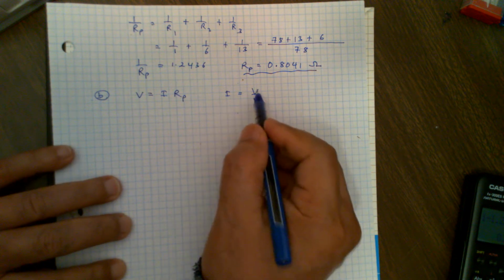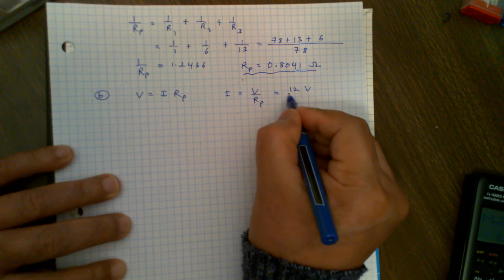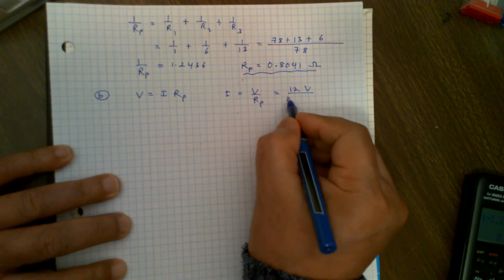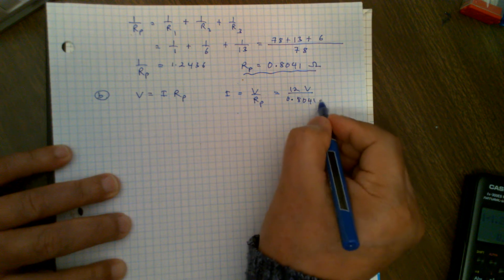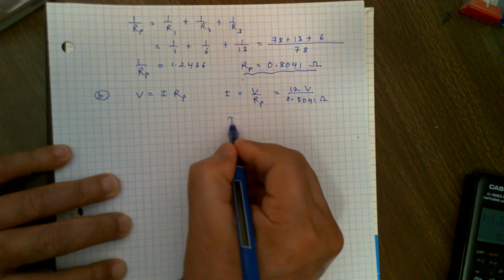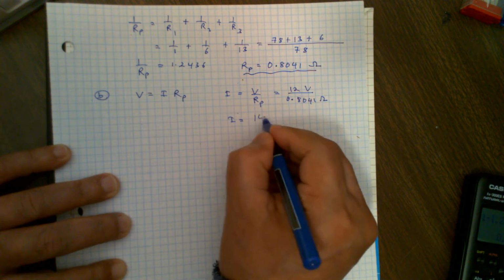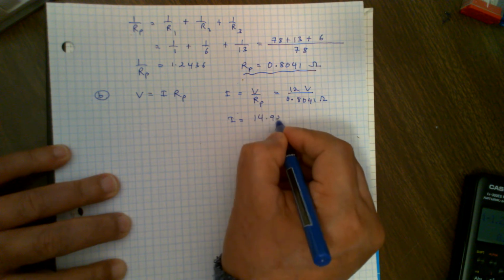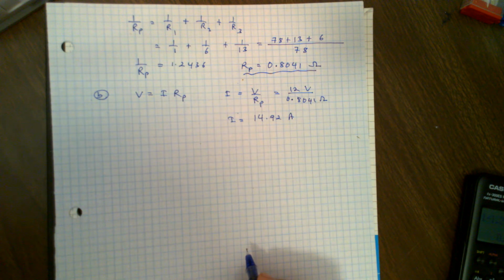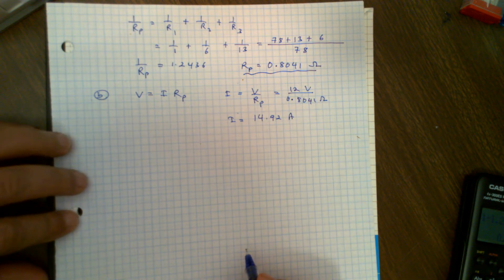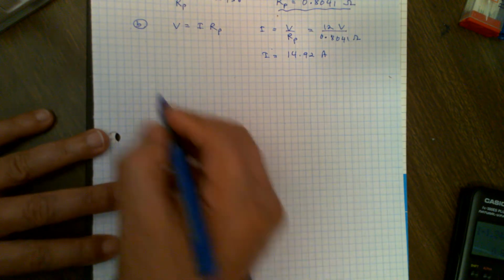So I is equal to V by R. V is 12 volt, and R we just found 0.8041 ohms, and I find that I is equal to 14.92 amperes. All right, so I is 14.92 amperes. So that's part B. Now let's go to C.